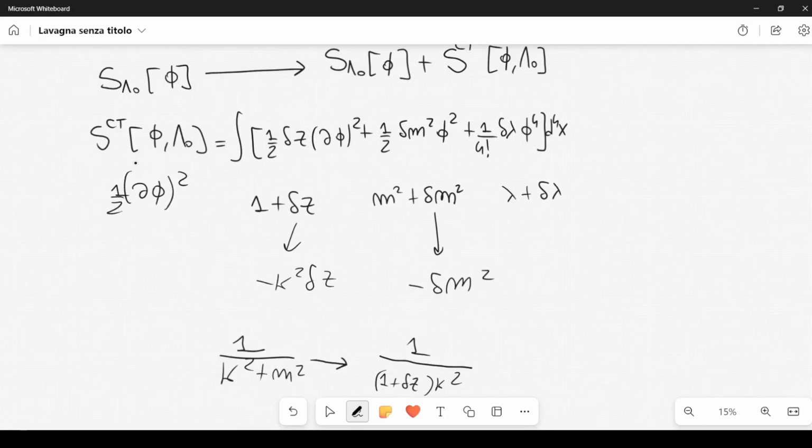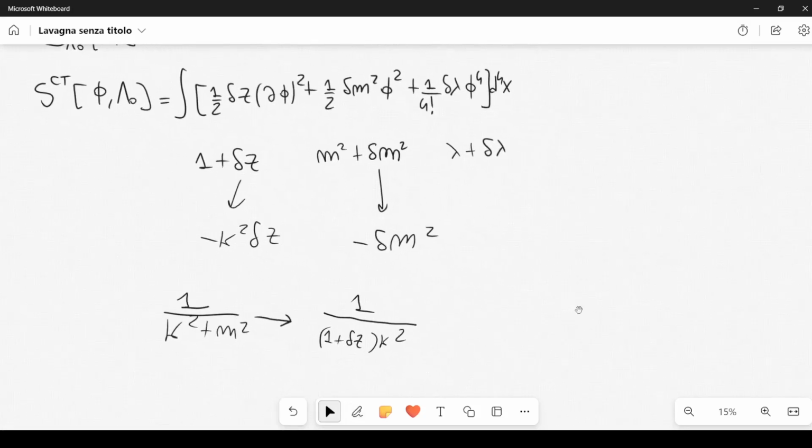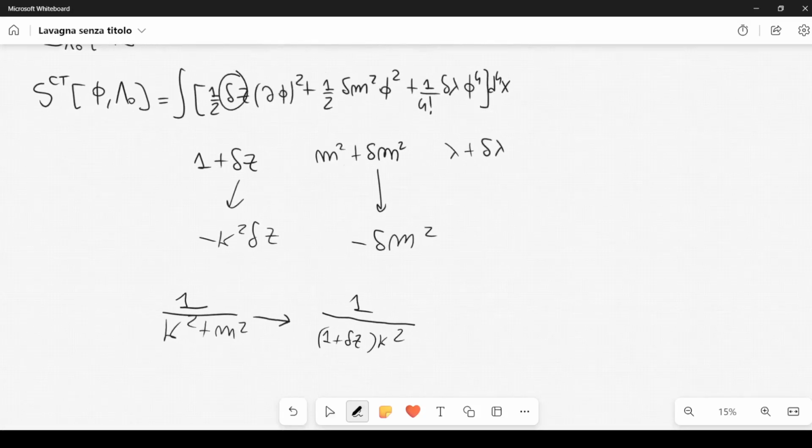When you consider the Fourier domain and you transform this term and find the propagator, you have this k squared in the denominator. So with this delta z correction, you simply have 1 plus delta z. It's quite easy to understand. And then instead of m squared, what you get is m squared plus delta m squared, like this.